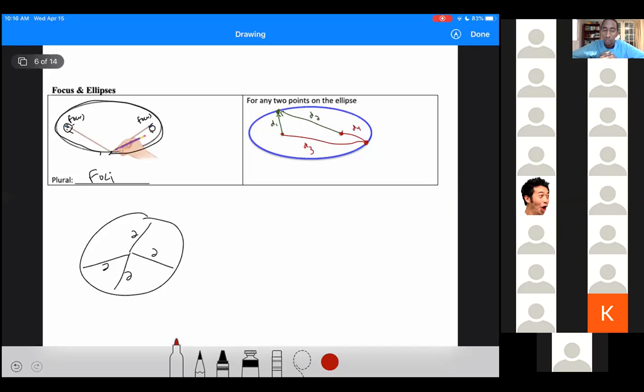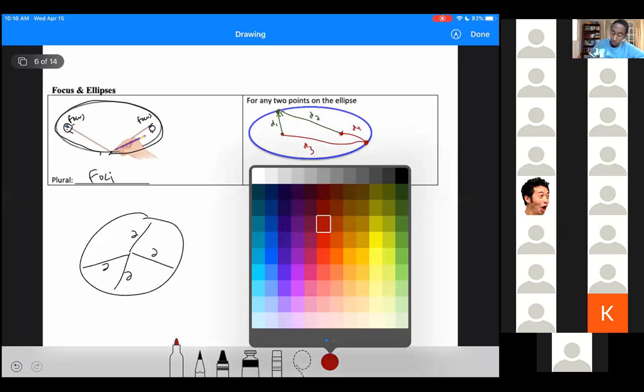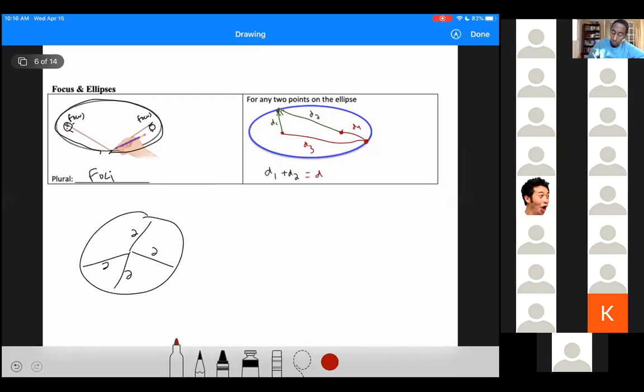The relationship between those distances, no matter what point we pick on the ellipse, is that D1 plus D2 will be equal to D3 plus D4. That's a kind of baseline of how an ellipse is connected to those two foci.